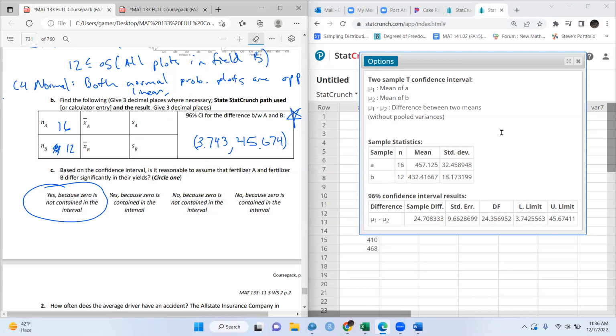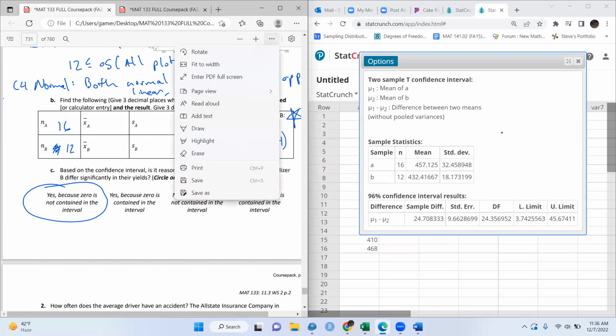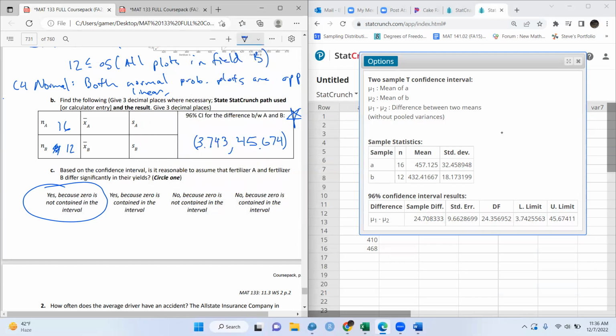So there is only one standard error in terms of the difference when we calculate the differences between these. So we should probably not mess with this and just say, okay, here's the mean 457.125. Here's the standard deviation for A, 32.459.